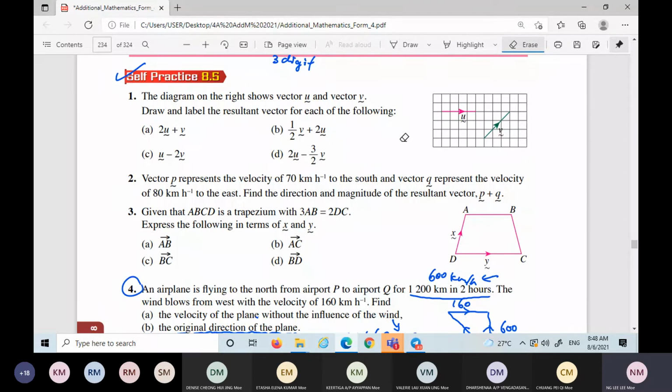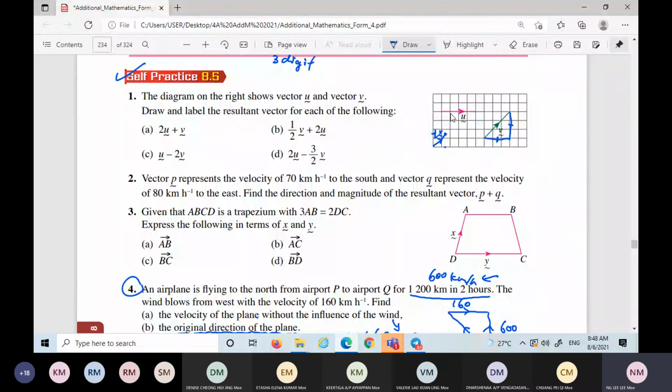If v just now, we know already is 3 by 3, so half v will be half of this and half of this. So it's 1.5 and 1.5. It's so difficult, you see. If I draw it here, it's 1.5 and 1.5. This is the half v. It's so difficult, you see, in the middle somewhere.